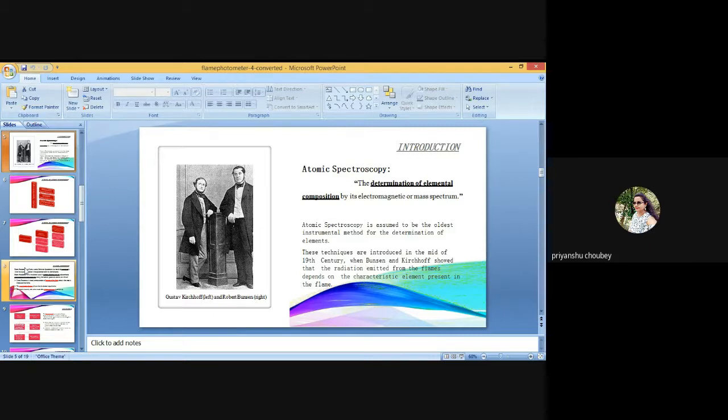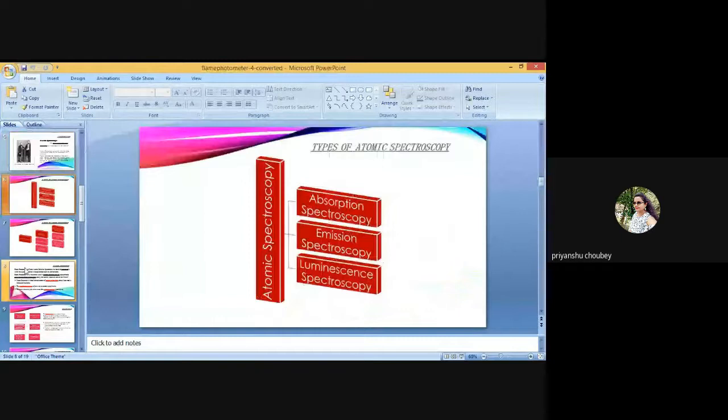Advanced instruments: atomic absorption spectrophotometer.